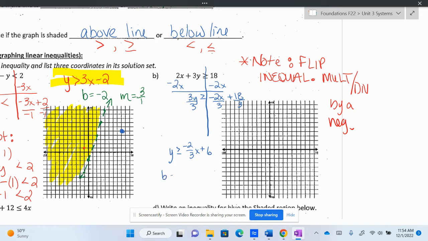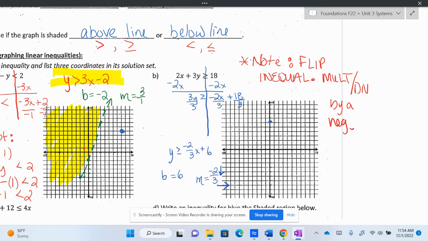So where am I going to begin? And what is my slope? Begin at 6 on the y-axis. And what's my slope? So that means I'm going to go down and to the right because we always run to the right. So 1, 2, 3.